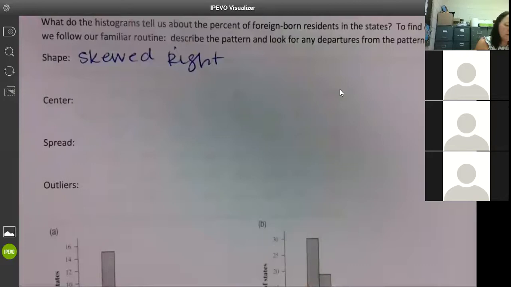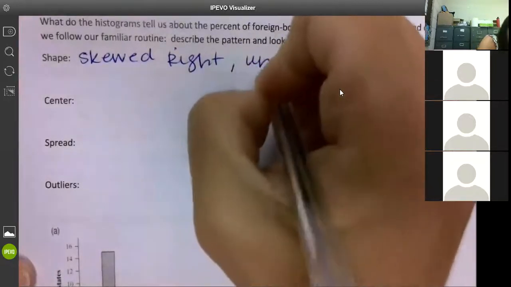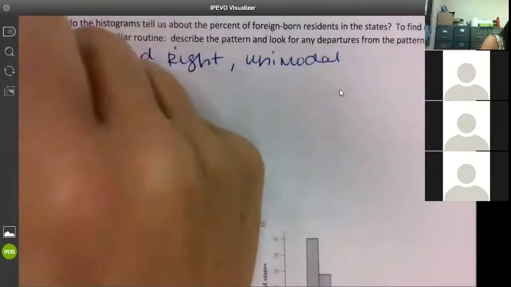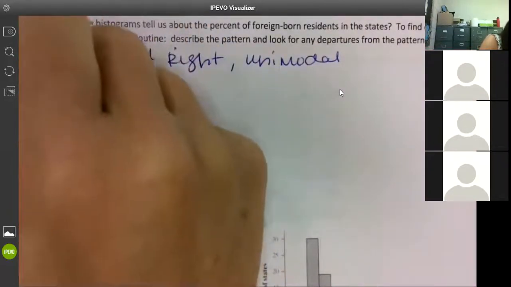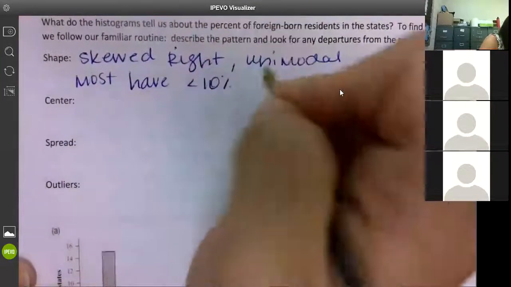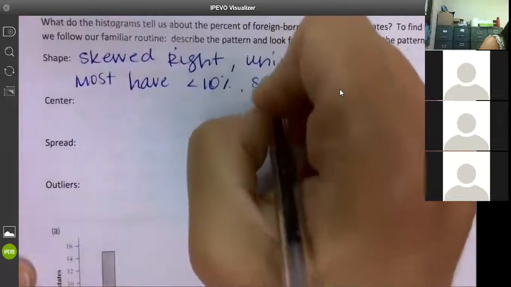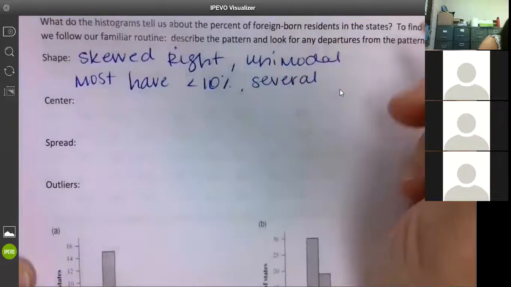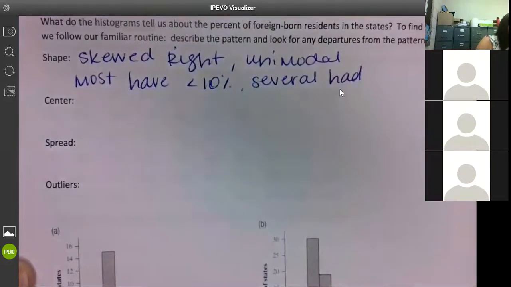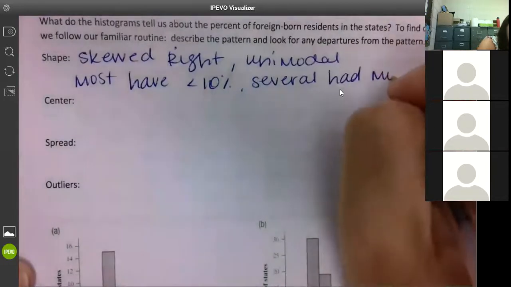All right, what else do you notice about it? What's the other thing we have to do? It's unimodal. One thing they add on this is most have less than 10%, and then several had much larger.